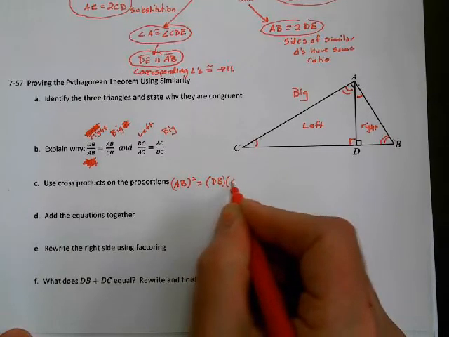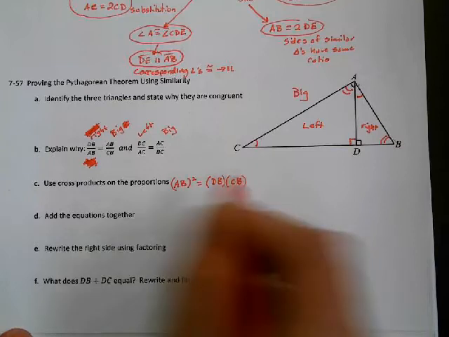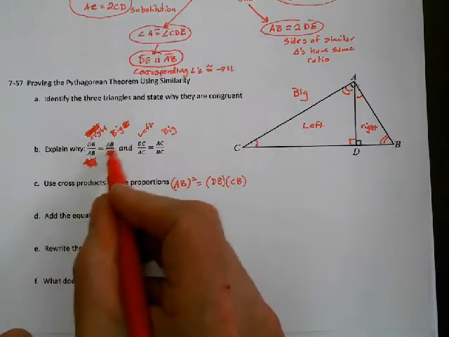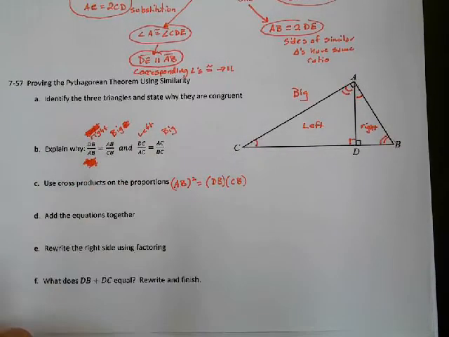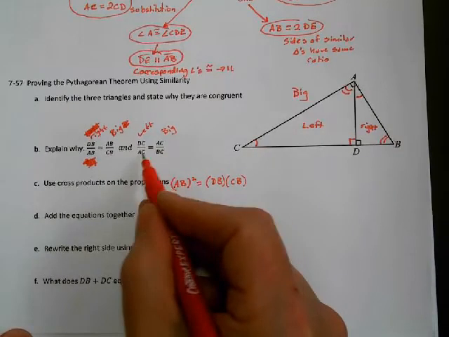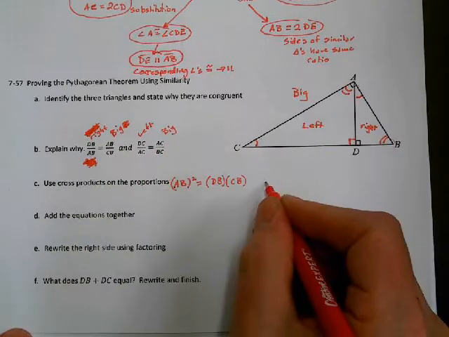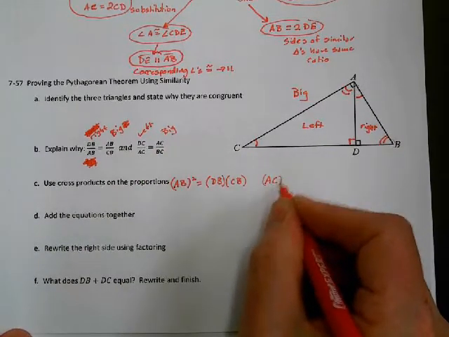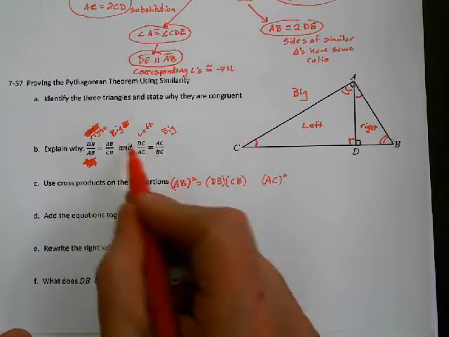So I'm just using cross products, AB times AB, DB times CB. We'll do the same thing on the other one, AC times AC, that's AC squared, is equal to DC times BC.